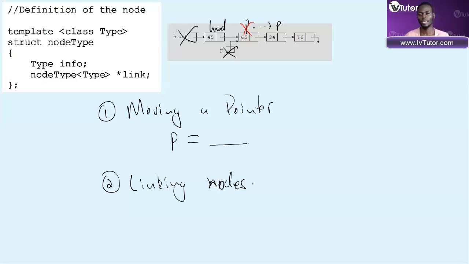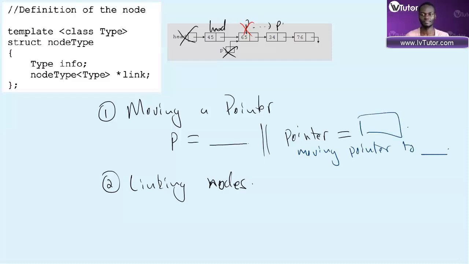So in other words, I'm saying pointer followed by an equal sign means you are moving this pointer to whatever is on the right, which means whatever node this is where your P is going.